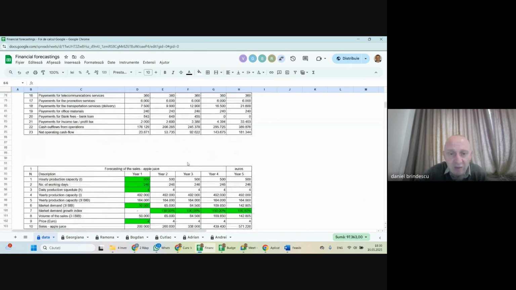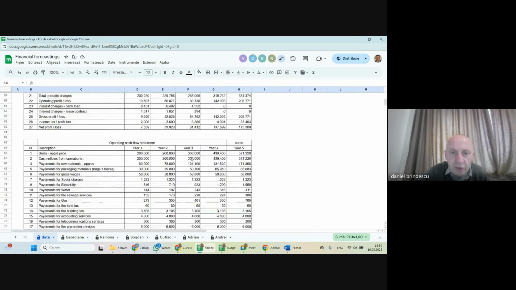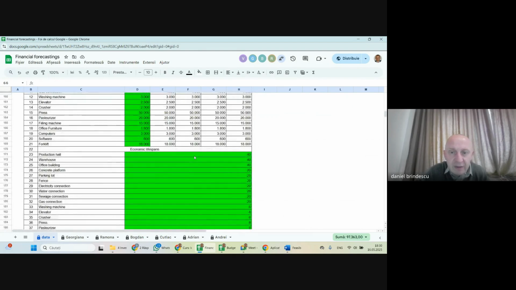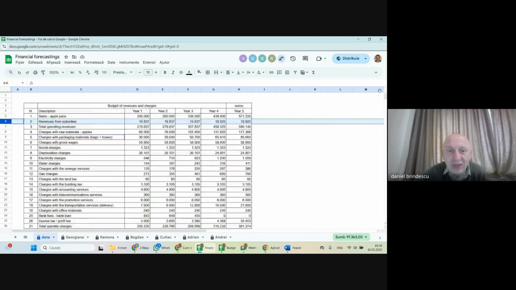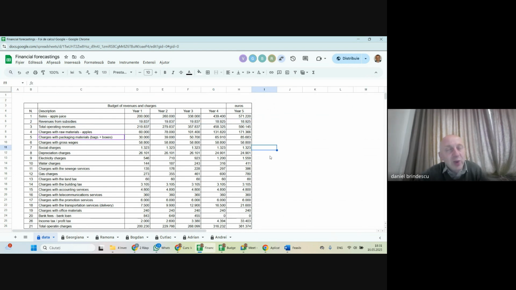And in my case, but in most of your cases, the depreciation period for at least some of the investment components would be of 20, 30, 40 years, which means that we are going to continue registering revenues from subsidies for 40 years. But that does not mean that we are going to collect cash.